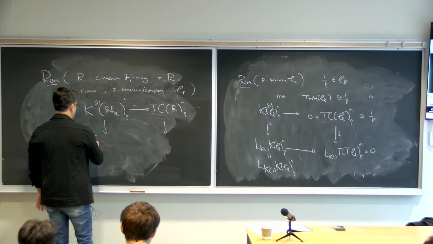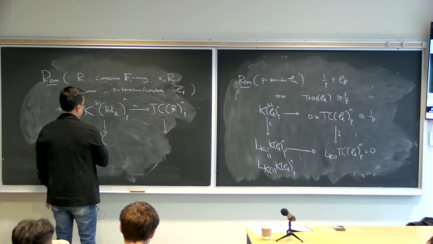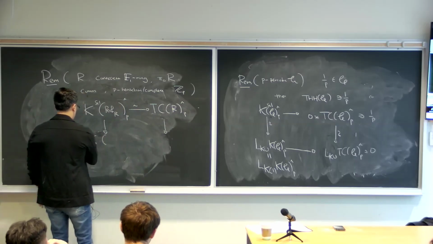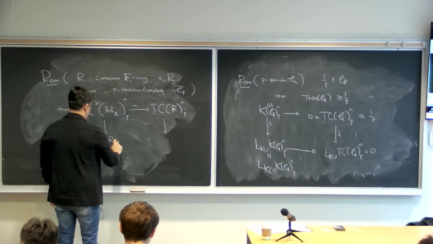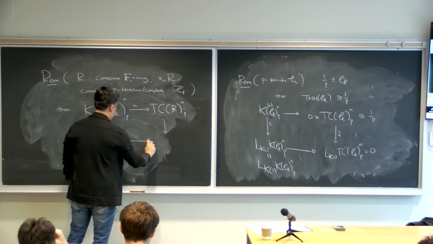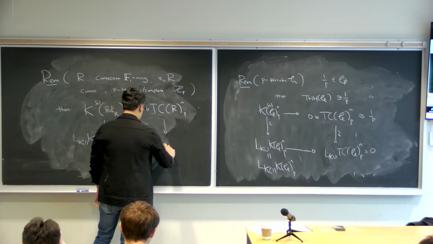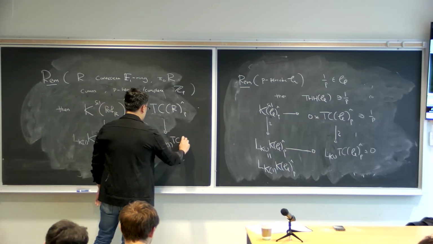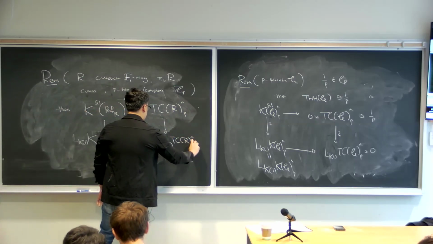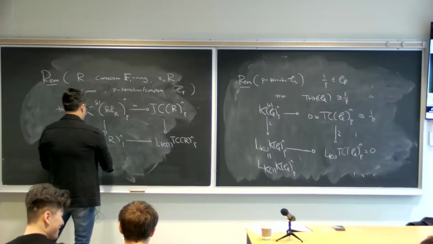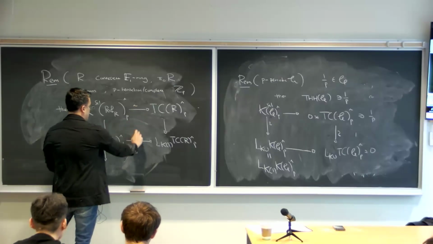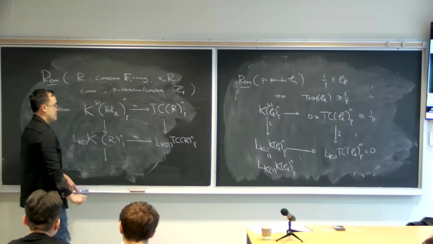Let me explain quickly why Thomason K theory, LK1 of K of R, p-completed, maps to LK1 of TC of R, p-completed is an equivalence. To prove this, I just have to prove that this is an equivalence.